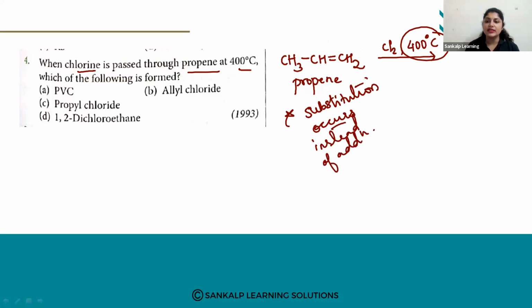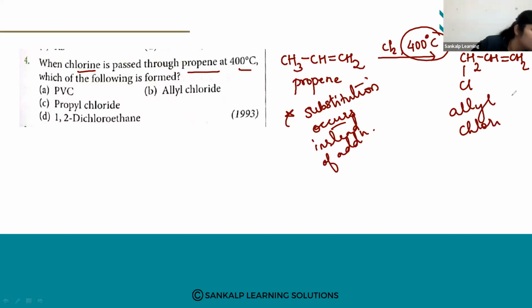It will be CH2Cl-CH=CH2. So this is an allyl chloride.